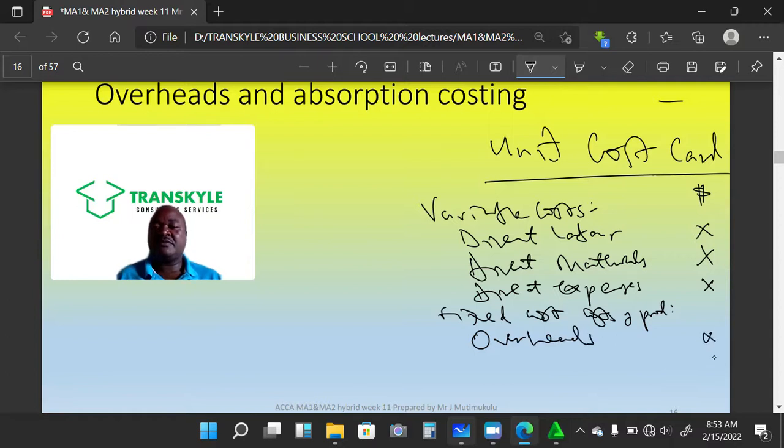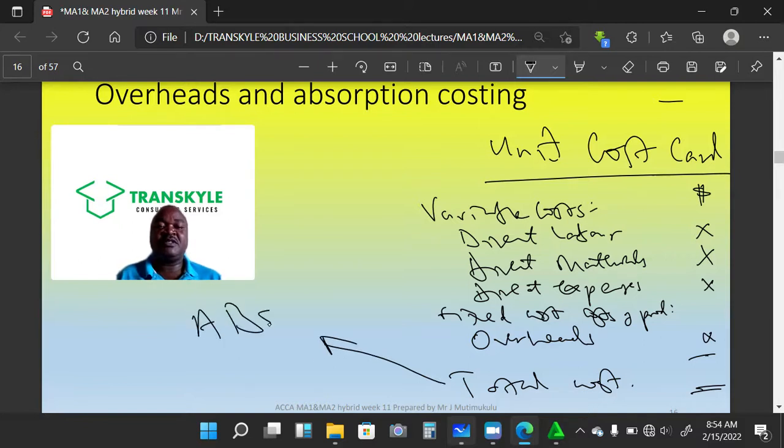And if you still remember, the total of these direct costs is what is called prime cost. We add fixed cost and if we add them up, we get what is called total cost. And it is this total cost that is the backbone of absorption costing.